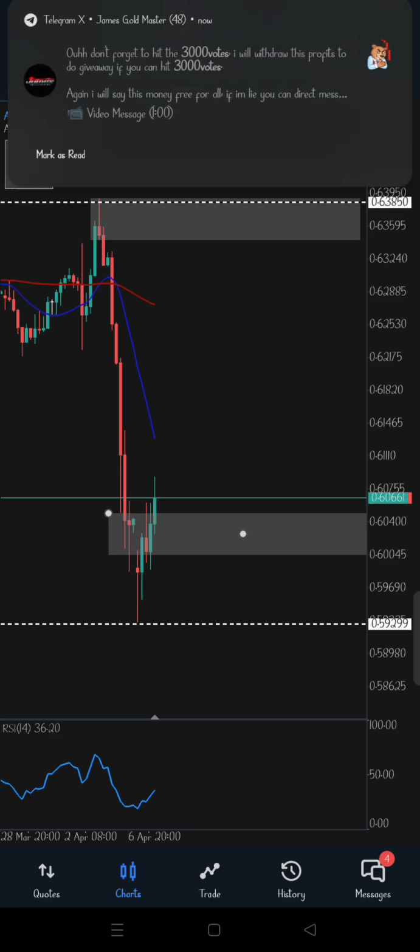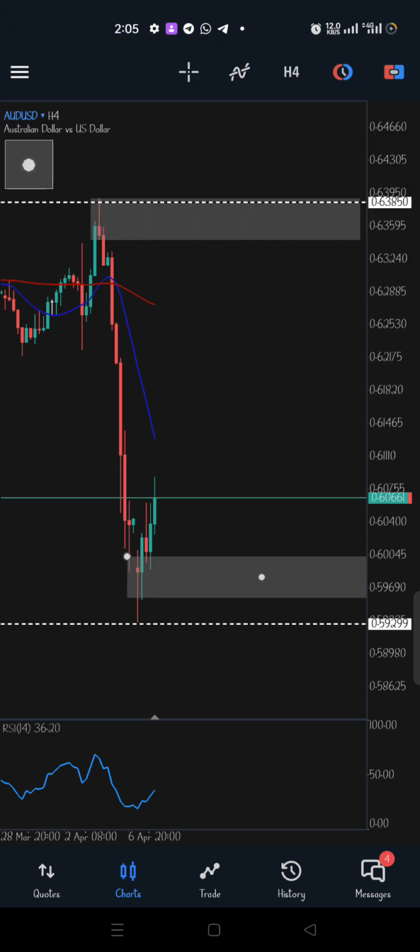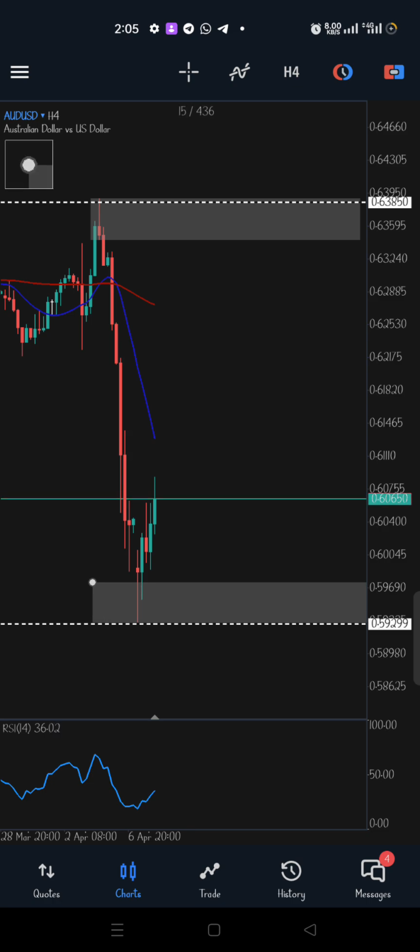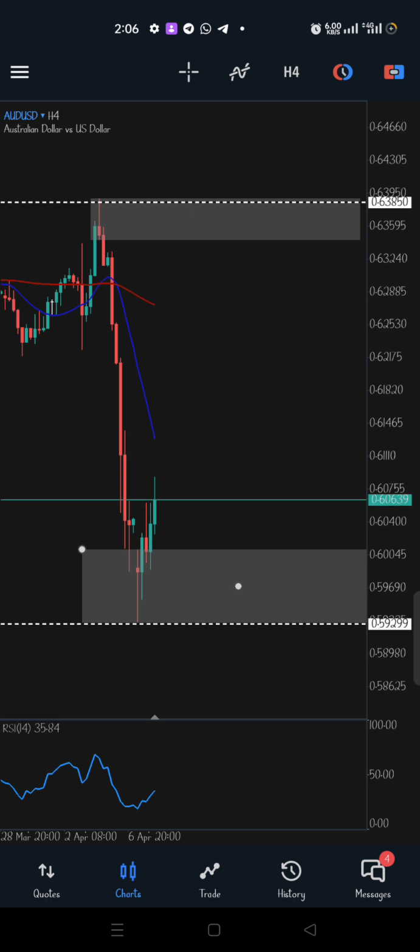So here I have my supply region. This is my supply zone at this point.